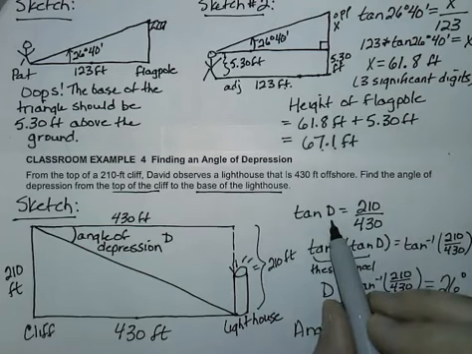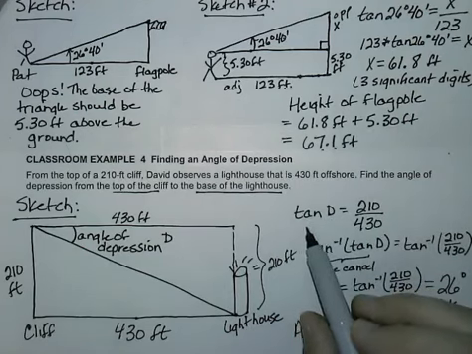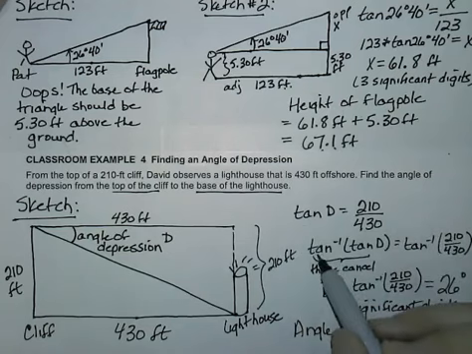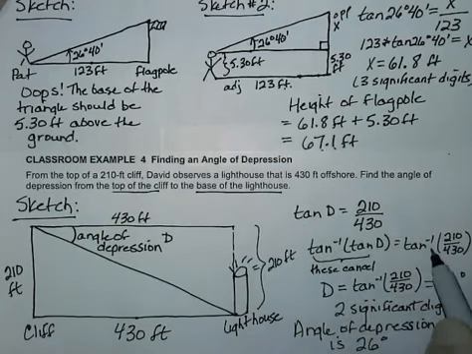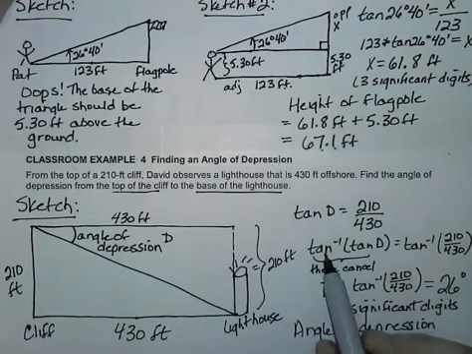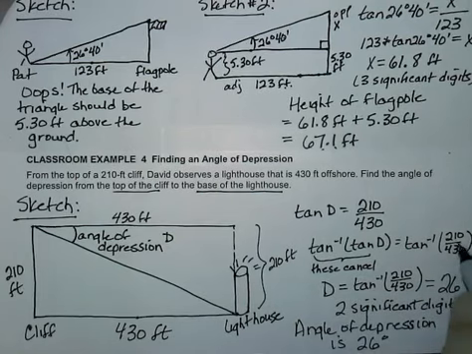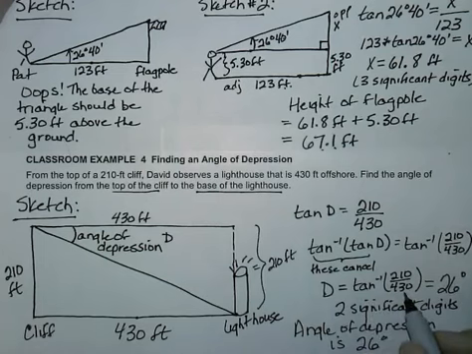To solve this for D, I'm going to use an inverse tangent function on both sides. So I've got inverse tangent over here and inverse tangent over here. On this side, these two are inverses of each other, so they cancel each other out, and we just have D. And over here, again, I'm not doing this division first. I'm putting it in my calculator just like this.